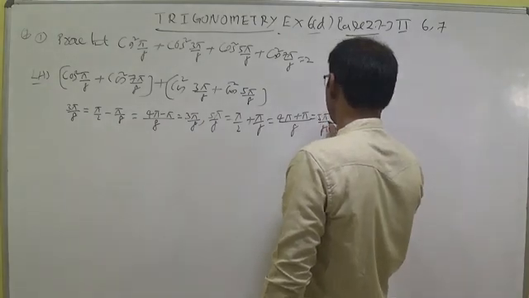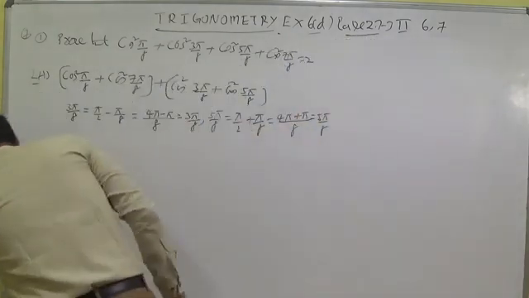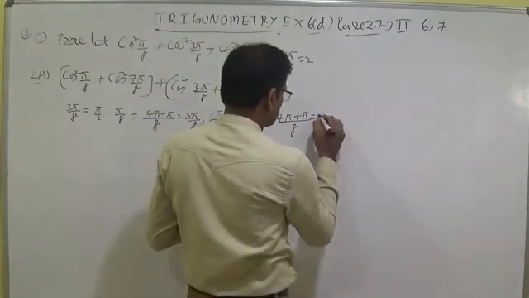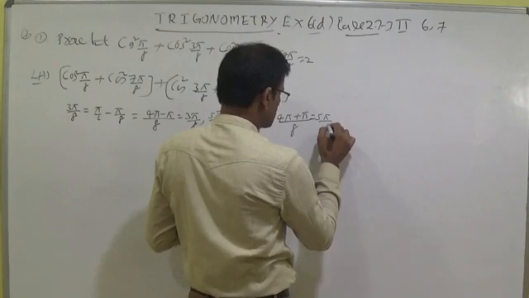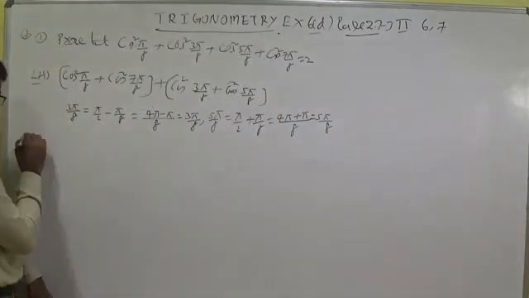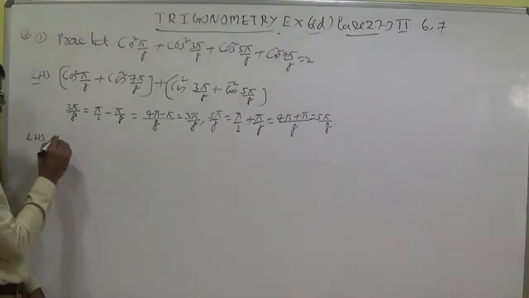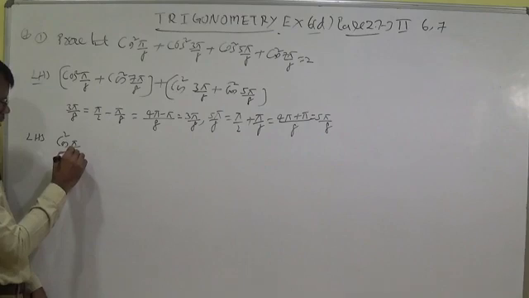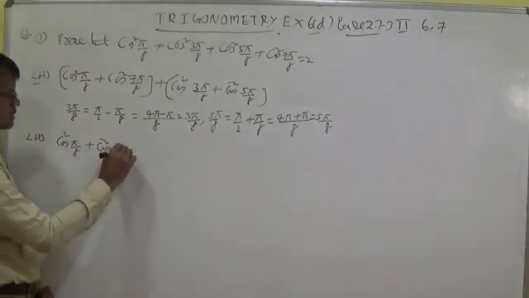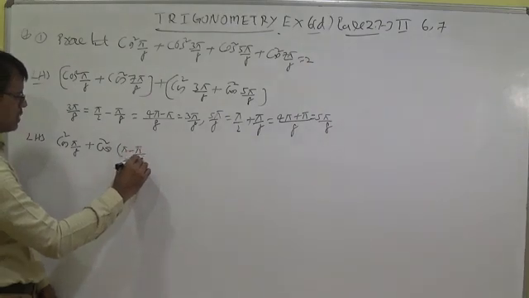This is simply, I am showing you the result. No need to show like this. Simply directly you can write if you can understand. Therefore LHS becomes cos square pi by 8 plus, this can be written as cos square pi minus pi by 8.